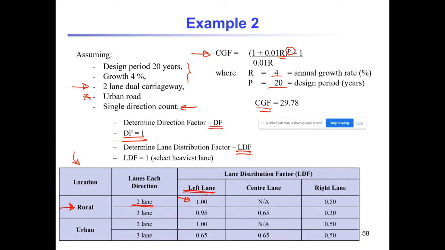And this is a valid assumption that we are considering. But if you have data for different lanes, then you can determine the value based on the survey data. But here, since we don't know the distribution for each lane, we are using the presumptive value. So we give all the heavy traffic to the left lane or curb lane. Therefore, LDF becomes equal to 1.